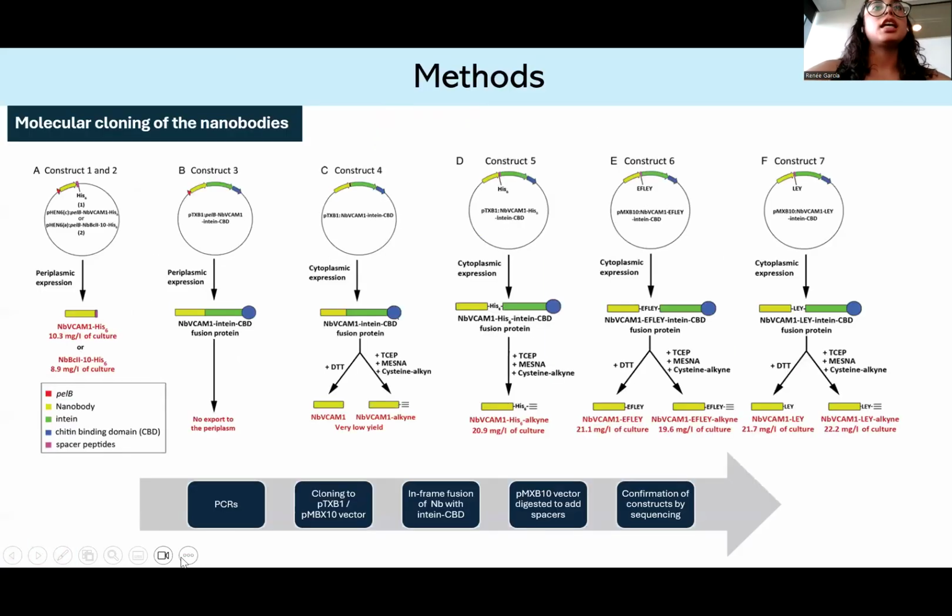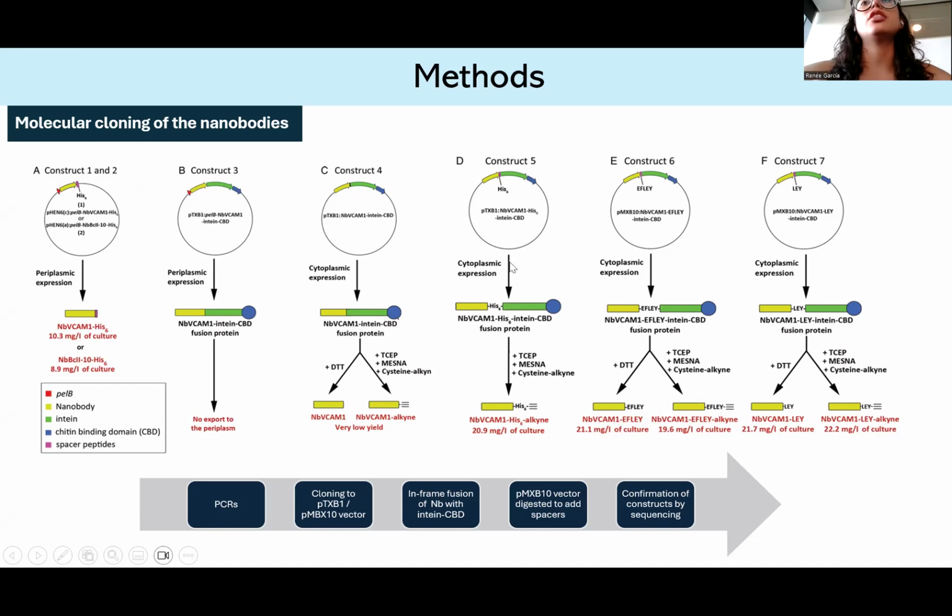First, they designed the nanobodies by engineering them. Here you can see that the first 3 nanobodies are meant for periplasmic expression. In this case, these 2 are used as controls, while in this one they add the intein CBD.